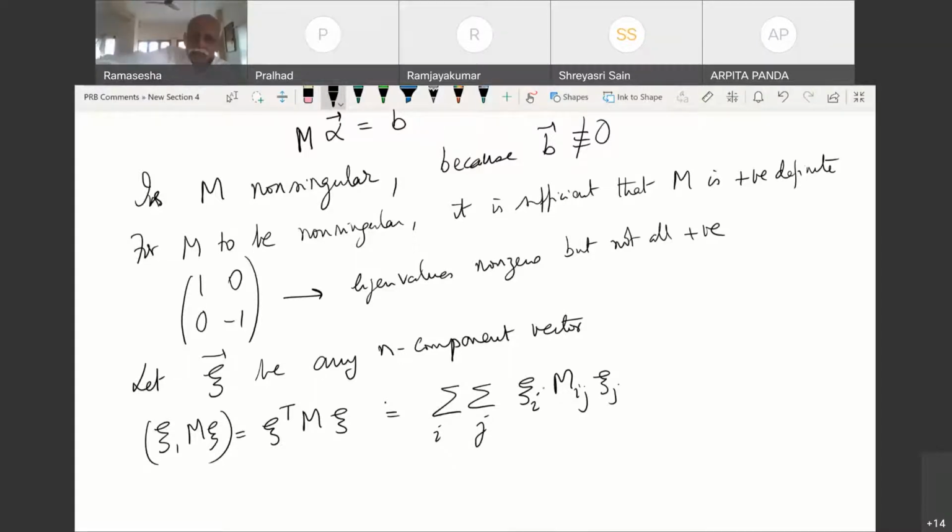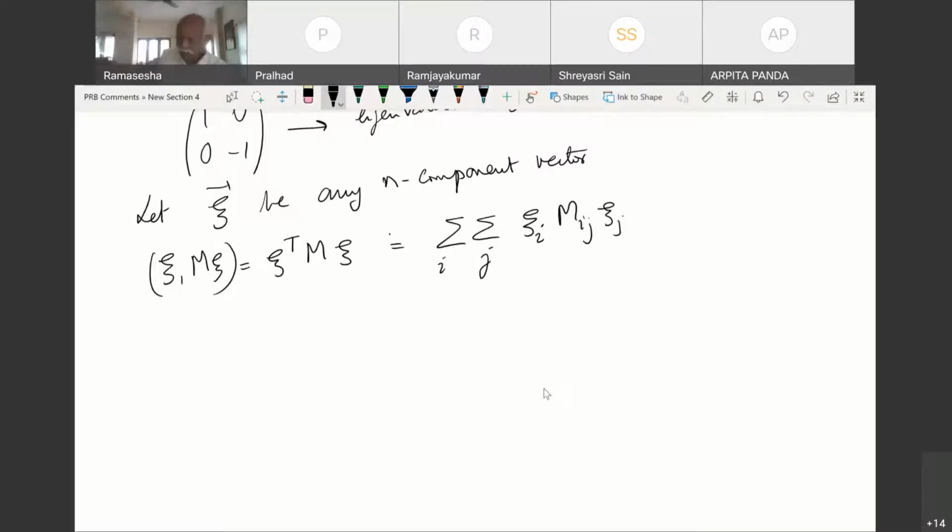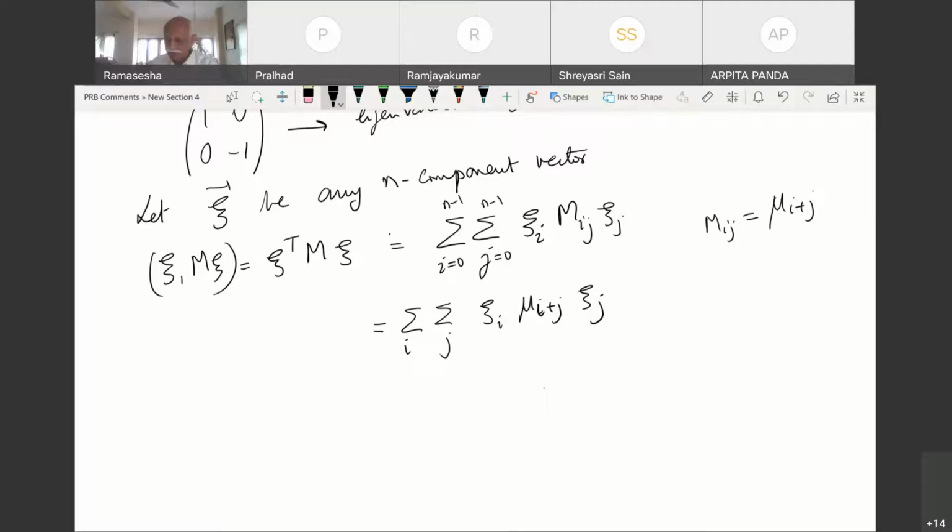Okay. This is equal to sigma over i, sigma over j, psi i, mu i plus j, psi j, right? Because what are the matrix elements of M ij? i is equal to 0 to n minus 1, j is equal to 0 to n minus 1, mu i plus j. You can go back and look at the matrix.